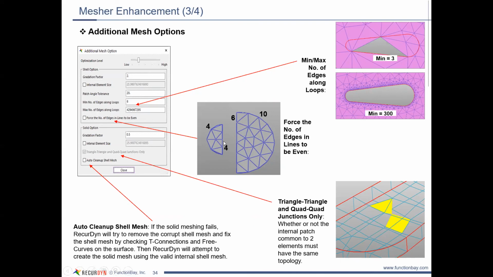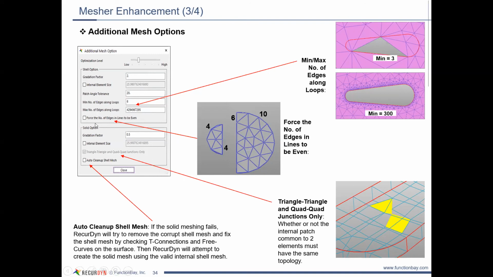Next one is forcing the number of edges in lines to be even. So if you have a geometry, as we see here in the middle, this half circle, one line would be the semicircle arc there. The other line would be the straight line, and same with the bigger semicircle.